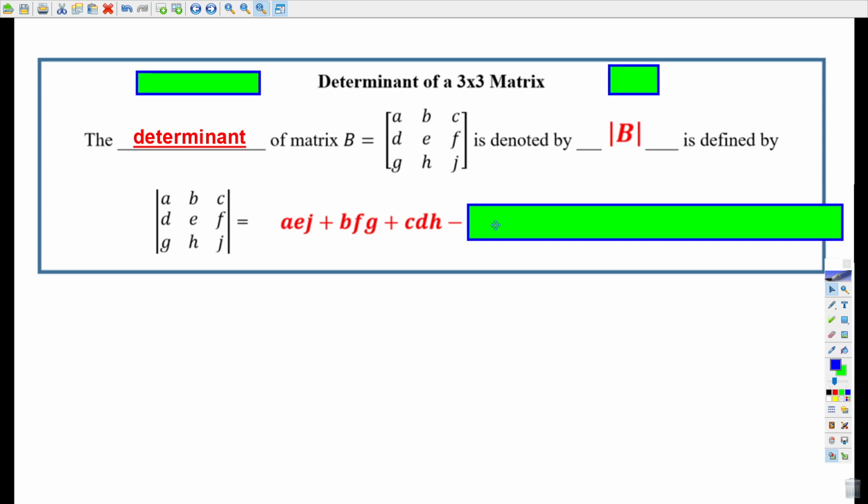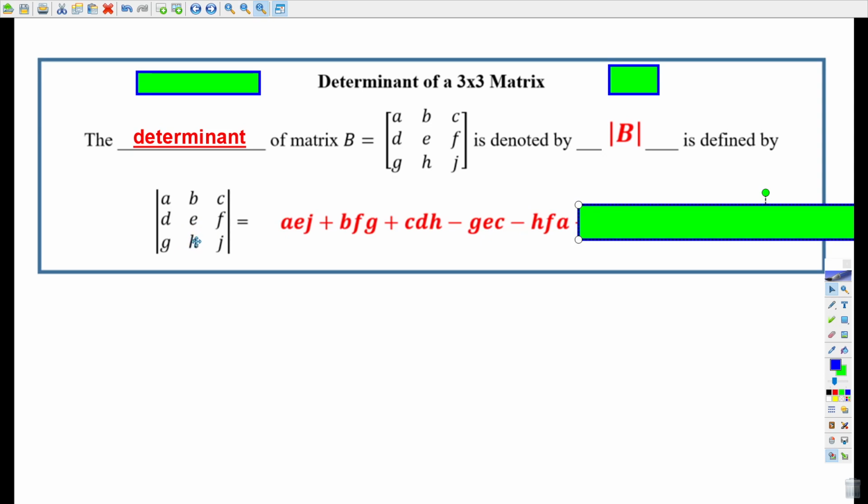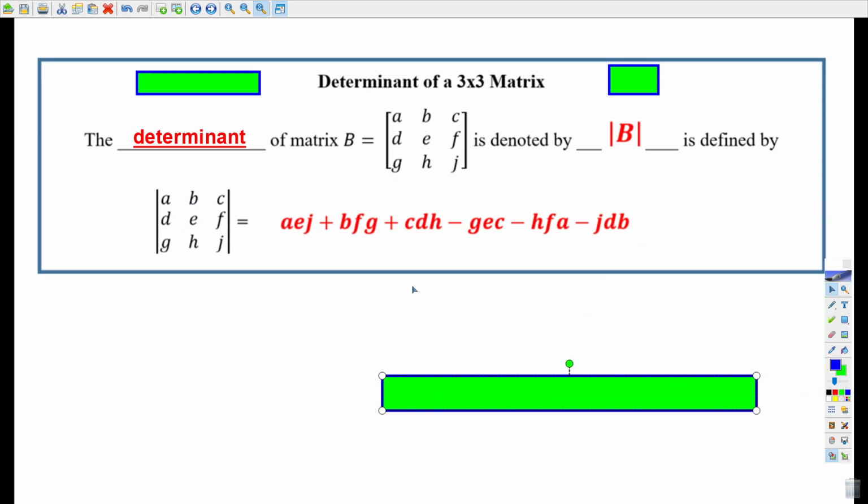And we have more: minus GEC, minus HFA, and the last one, finally, minus JDB. Which might look like it's super random in how you put these letters together and how you're going to remember this, but I'm going to show you a shortcut to make it quite simple, I think. And we'll go to that next.